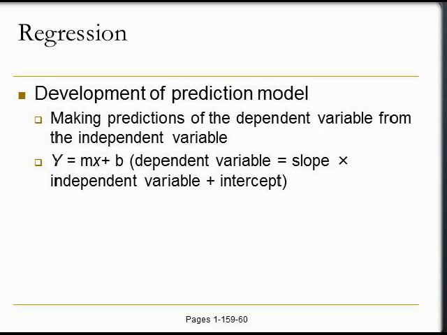So let's focus on the development of the prediction model first. We want to make predictions of the dependent variable from the independent variable, and y equals mx plus b is the most commonly employed approach in this case, in which we have a dependent variable, a slope, an independent variable, and an intercept. We'll look at a picture of this in a little bit.